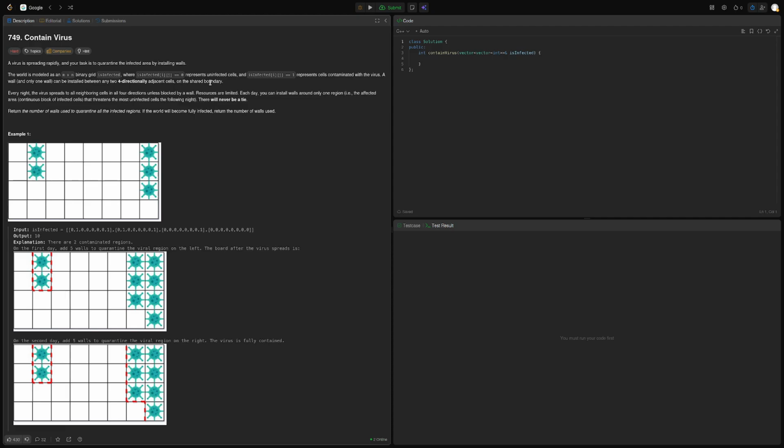A wall, and only one wall, can be installed between any two 4-directionally adjacent cells, on the shared boundary.